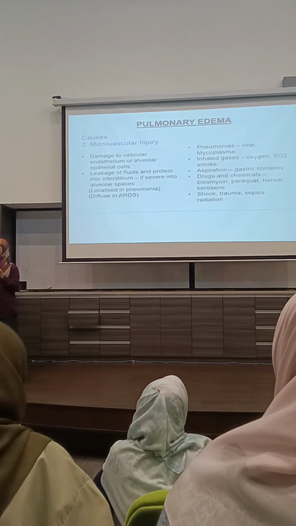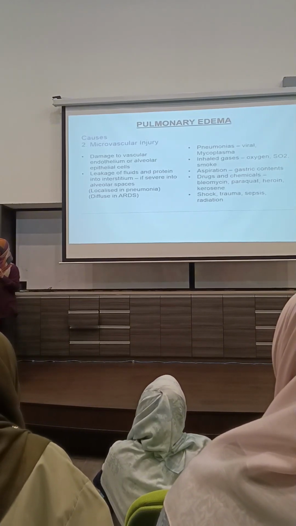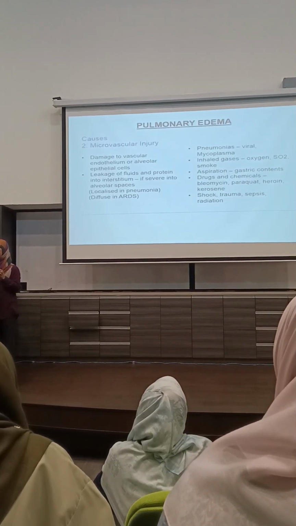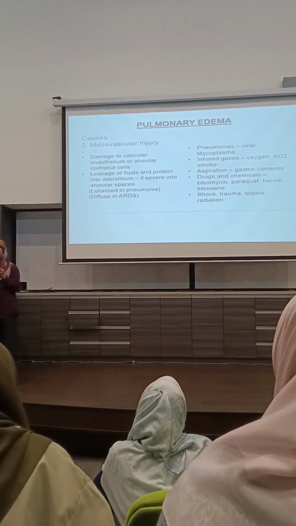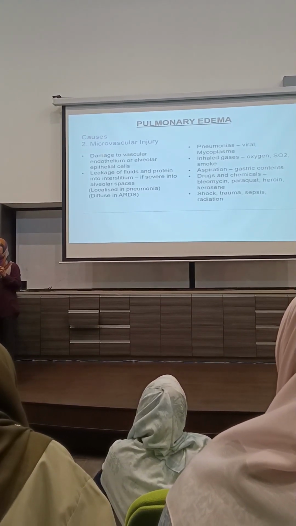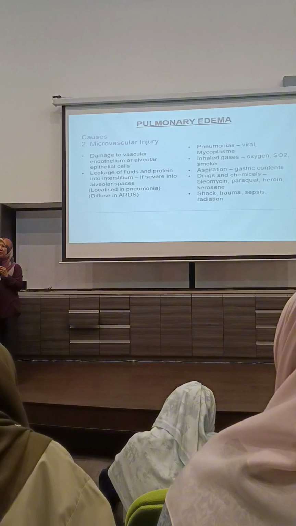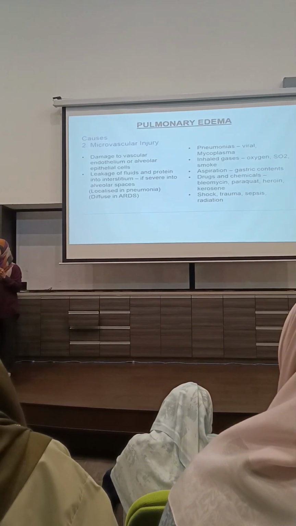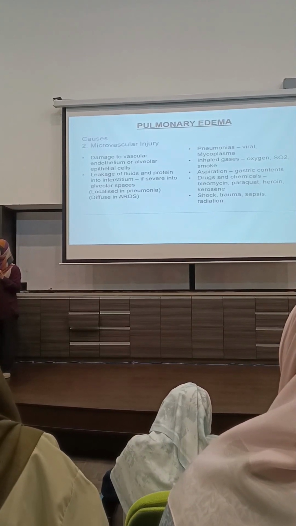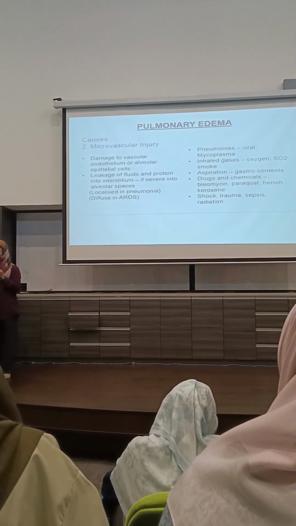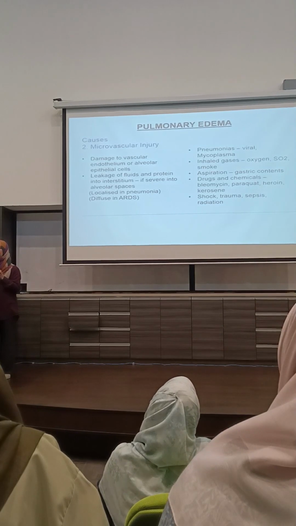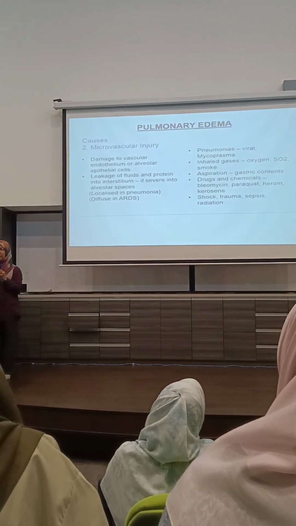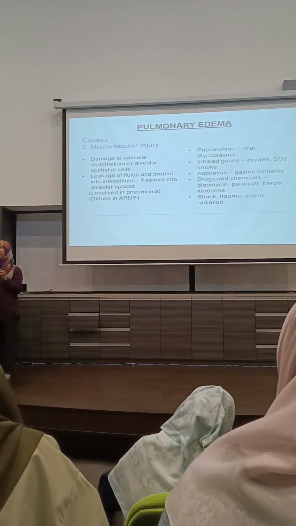So when there is vascular endothelial injury, or any kind of infection that will cause destruction of the endothelial cells, like virus, high oxygen, or even aspiration of some acid, paraquat for suicide. People who want to commit suicide, they drink paraquat.